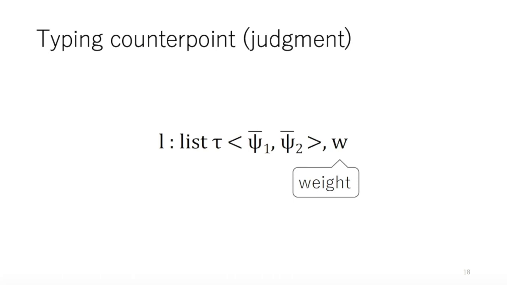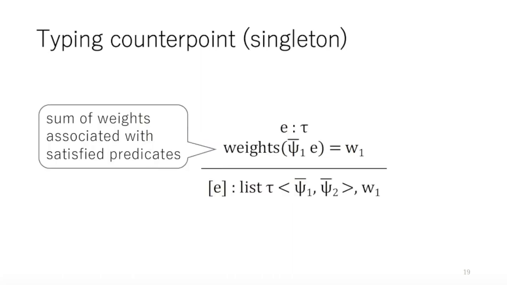To see how the weight is computed, let's observe the rule for typing a singleton list containing an expression E. Here, we check which predicates in the first group, psi 1, are satisfied by E, and sum up the weights of those predicates. We then use the sum W1 as the degree of correctness of the singleton list.